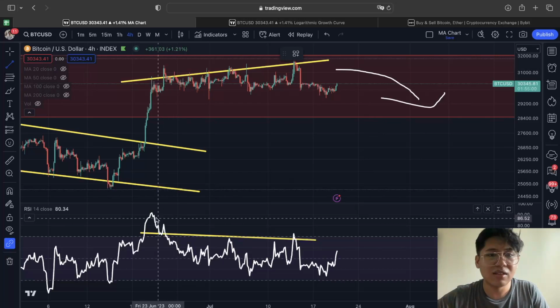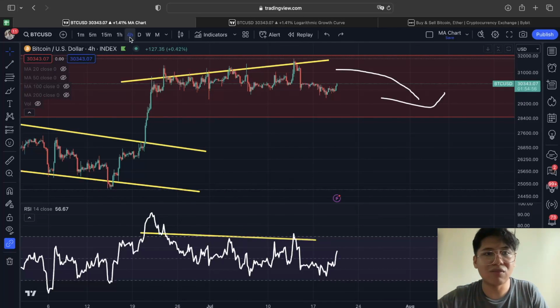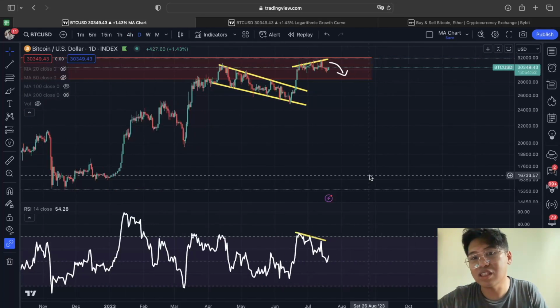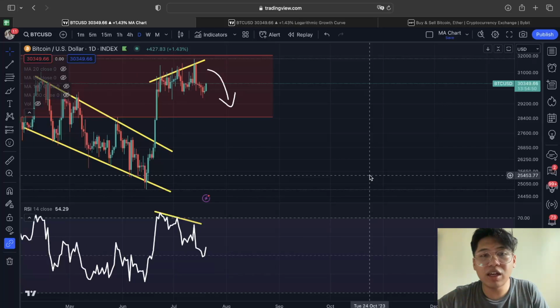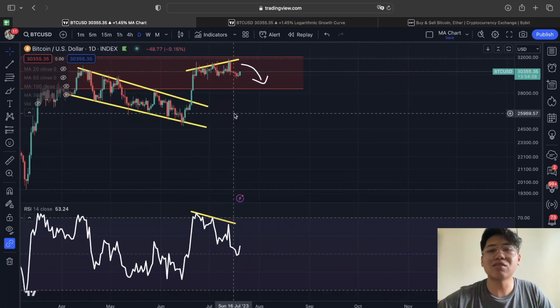You can see the price is increasing while RSI is declining, so that is also a bearish divergence. So we have bearish divergences both in the 4-hour time frame as well as in the daily time frame. This could be just a minor bullish retracement for the short term, but our expectation is that we are bearish bias for the next few days with the Bitcoin price action following this latest movement.